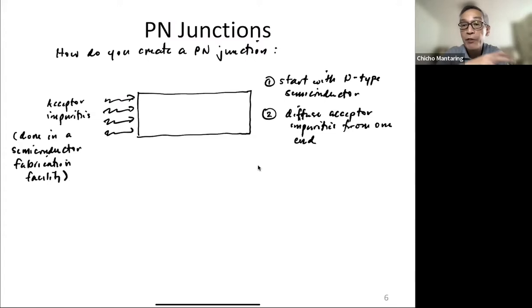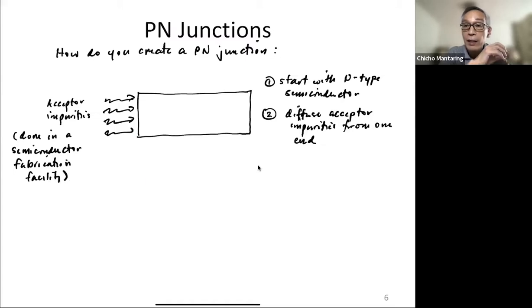That diffusion oven is void of any gases that could react with the semiconductor. If there are gases inside the diffusion oven, it will be an inert gas, a gas that will not react with the semiconductor material.